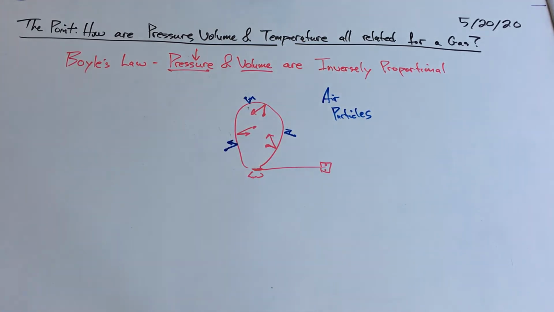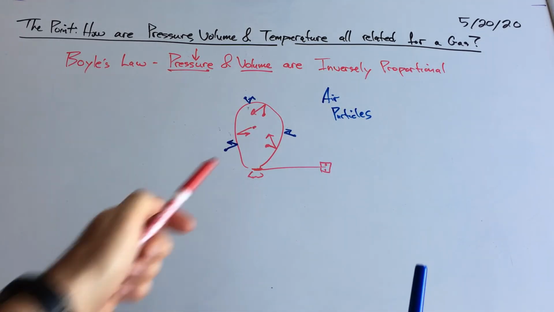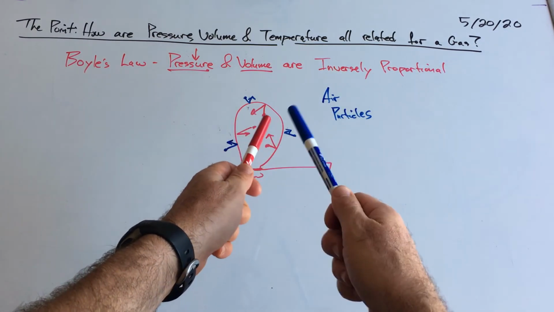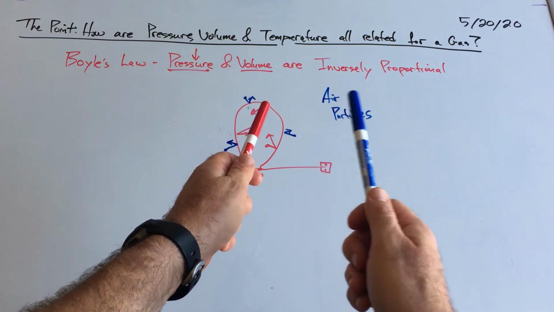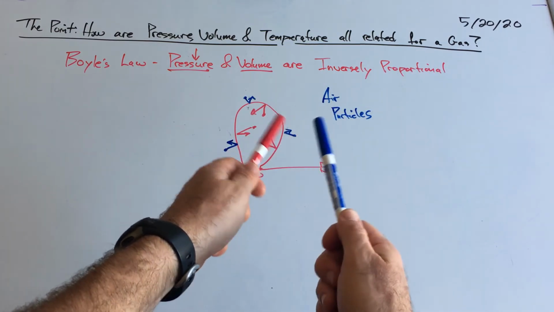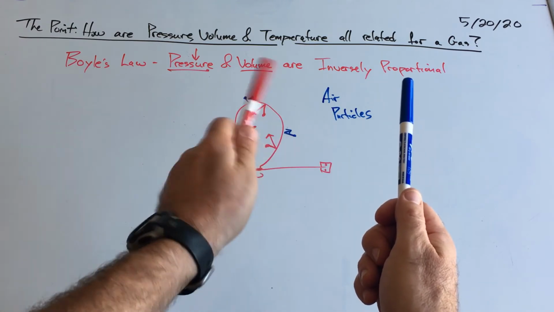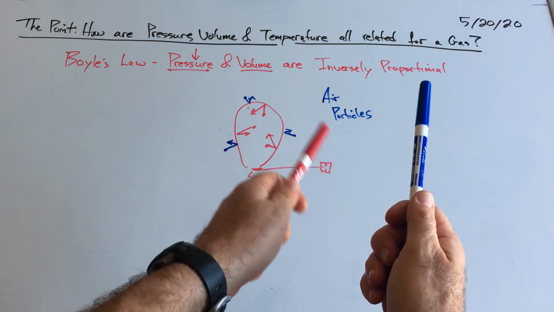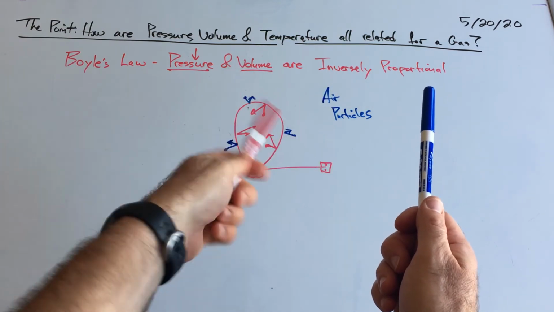What if we depressurize it? Now again, before we changed, these guys were banging just as hard. Now these guys aren't banging as hard, but the ones on the inside are. What's going to happen? They're going to actually gain ground because these guys aren't changing how hard they're hitting.